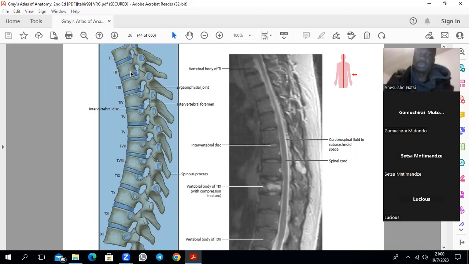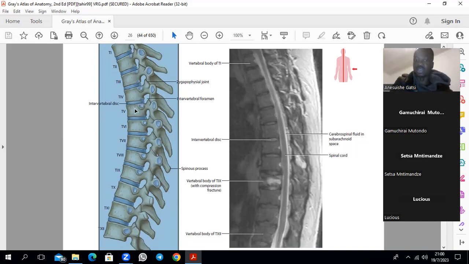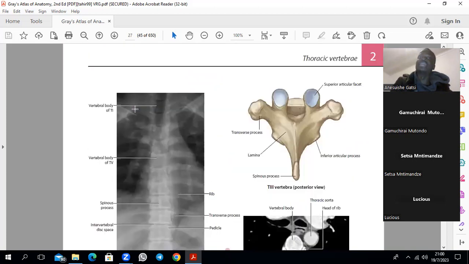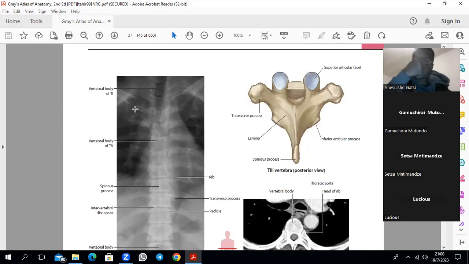Then I've told you about the intervertebral disc. Structure-wise, your intervertebral disc is going to have a nucleus pulposus at the center, then an annulus fibrosus around it. The nucleus pulposus has a propensity to herniate.